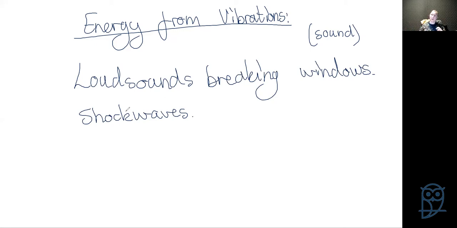In terms of earthquakes, it can be the actual earth that vibrates. Shock waves can cause things like tsunamis, so that is the water that is carrying the vibration. So it literally depends upon our mediums. So that is all of the different kinds of energy that we get due to movement.